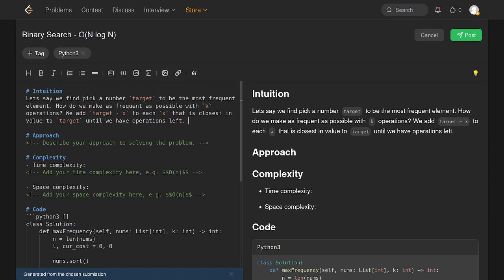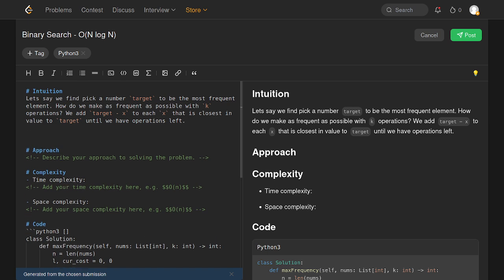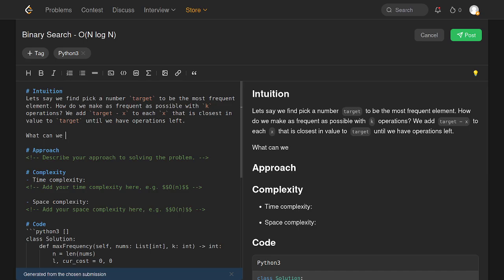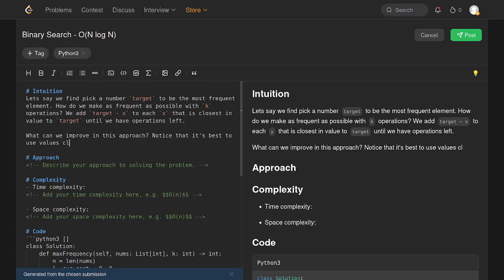Now, what can we improve in this approach? Notice that it's best to use values closest.